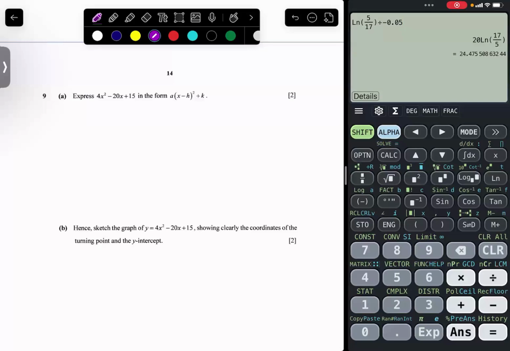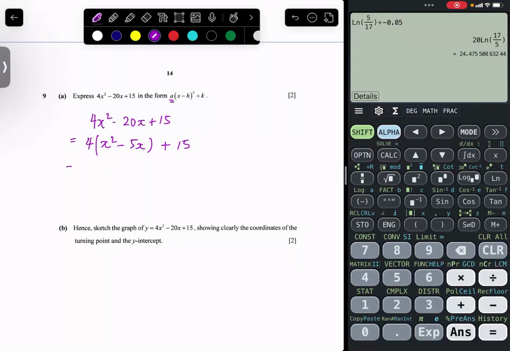Express 4x squared minus 20x plus 15 in the form a(x minus h) squared plus k. Over here, we have 4x squared minus 20x plus 15. You need to factorize out the number so that you only have a singular x squared term. So that will be 4 times x squared minus 5x, and I will keep the 15 on the outside. I just complete the square for the x squared and the x term.